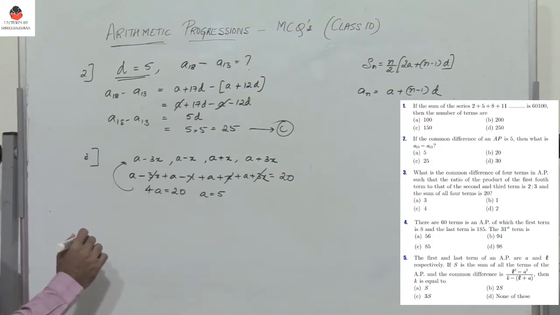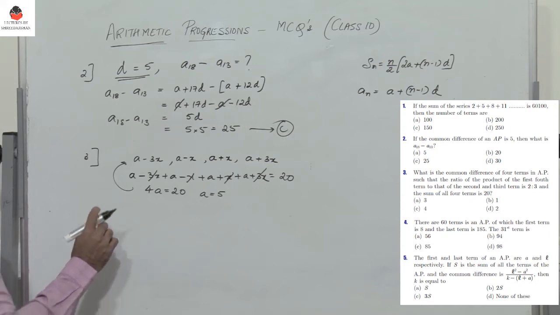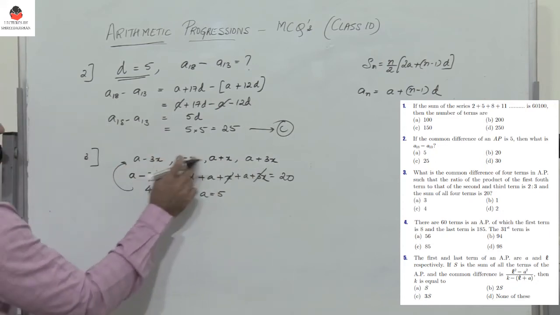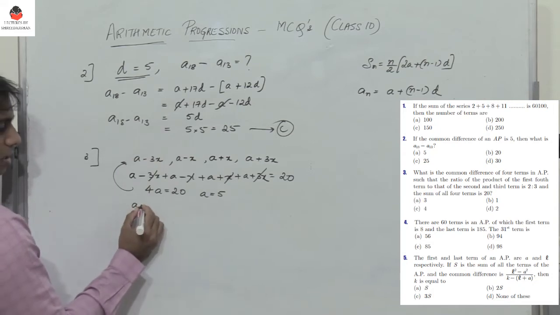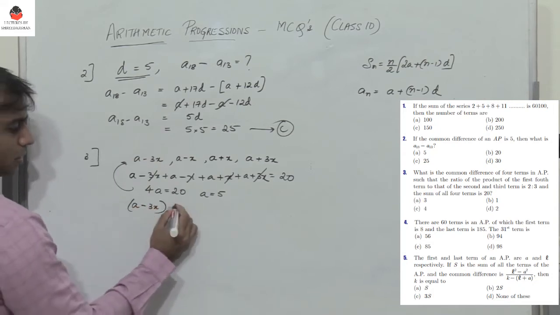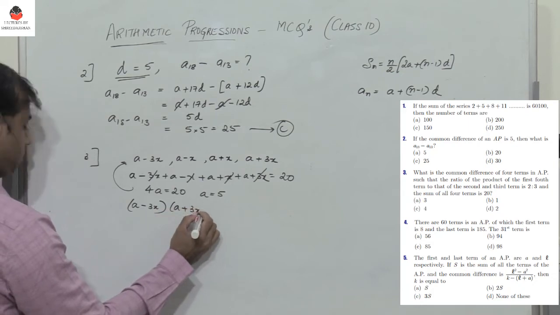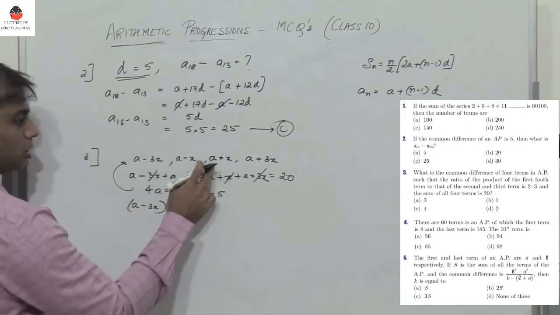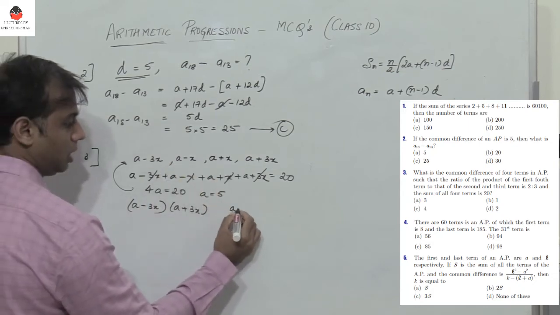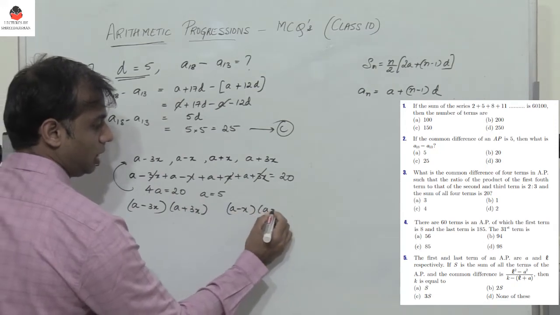Next, what has been given? The ratio of the product of the first and the fourth term. So if I take the product, I have a minus 3x into a plus 3x, and then I have the product of the second and the third term, a minus x into a plus x.